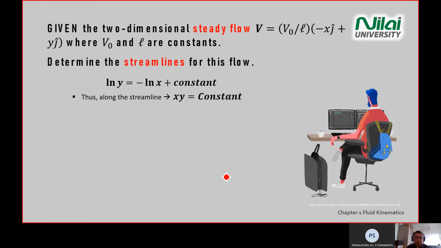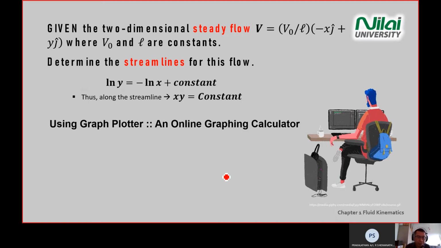Now again, for this module, you can use an online platform to help you plot the graph, and you just copy the shape into your answer and then draft it out. Just copy whatever you see on the online calculator. Now, how do you get this online calculator? You can even try using your handphone now.